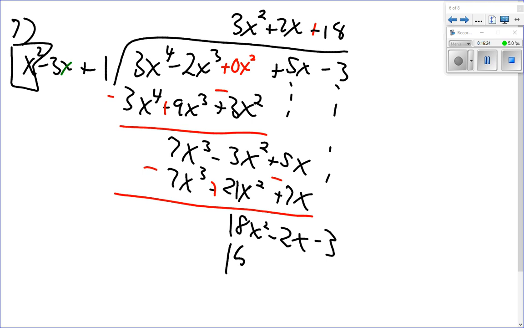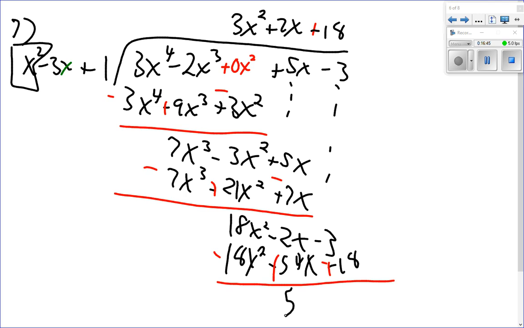That gives me 18x squared minus 54x plus 18, which I subtract, leaving me 52x minus 21. Right? That was negative 3 times 18.